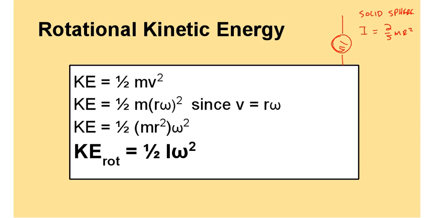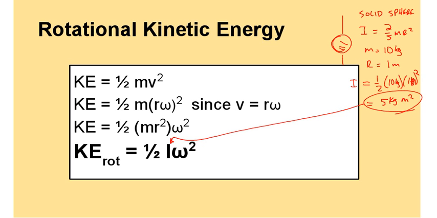All right, and if we knew the mass was 10 kilograms and we knew that the radius was 1 meter, why then we could come in here and say that the moment of inertia would be equal to 2/5 times 10 kilograms times 1 meter squared, and that would work out to 4 kilogram meters squared. We could put that into the moment of inertia right there.